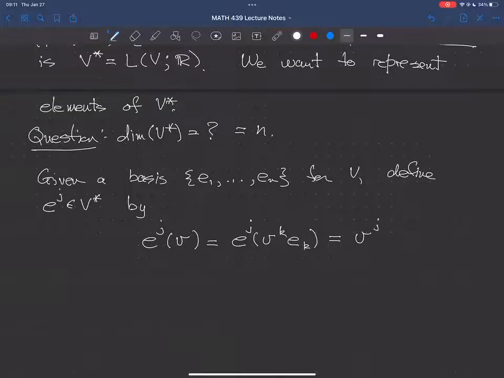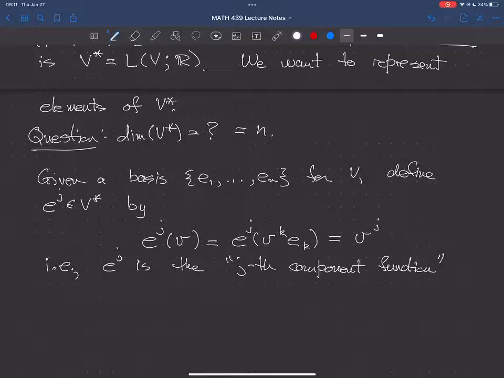That defines Ej. If you want to give some kind of geometric meaning for what Ej is, Ej is the jth component function. What I mean by that is exactly what this formula says.